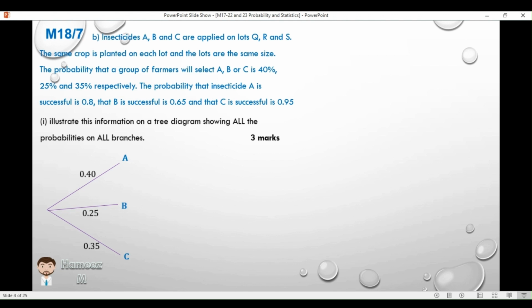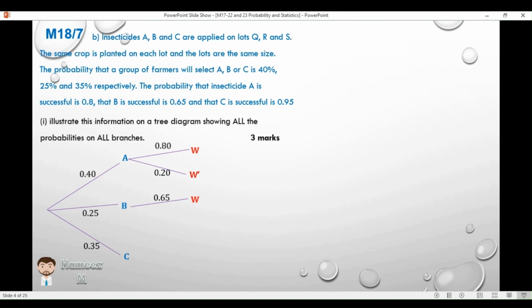When we spray the insecticide, either it is going to work, and if it works, then it has an 80% success rate, or 0.80. And if it does not work, then it will be not working at 20% probability. Because at A, the options are either W, work or not work, which will give us a total of 100% probability at A. Similarly, at B, the success rate is given as 65%.